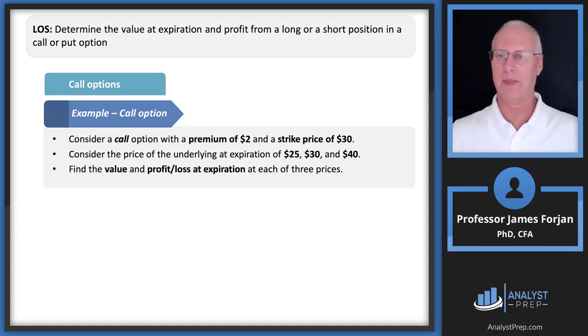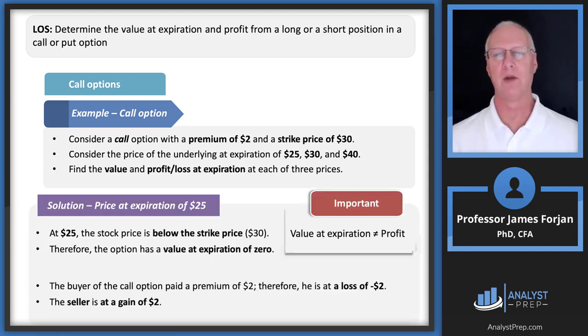We have no idea what that price is going to be when the option expires. But in order to set this in an academic environment, when I create exams, the institute is going to have to say something like, suppose the price at expiration is, and that's what the 25, 30, and 40 is. Those are potential future stock prices. So find value and profit or loss.